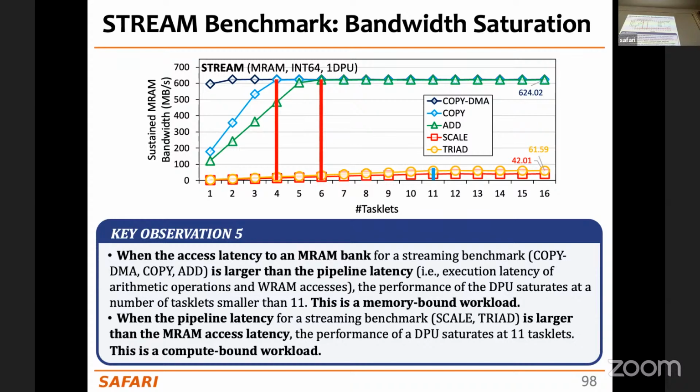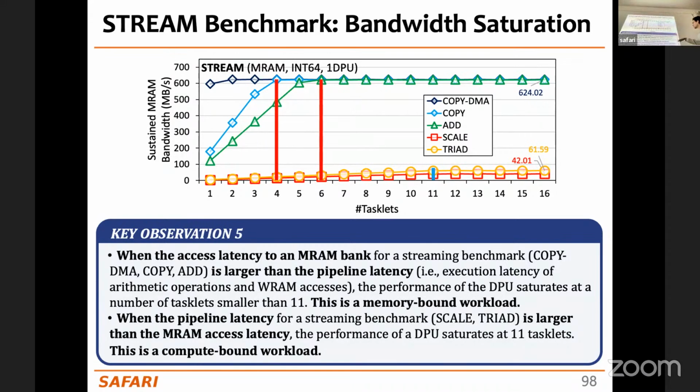The NVIDIA A100, for example, has a bandwidth of 1.5 terabytes per second. Probably the next generation of NVIDIA GPUs will double that bandwidth, but I hope that future generations of PIM systems will also increase the bandwidth significantly.